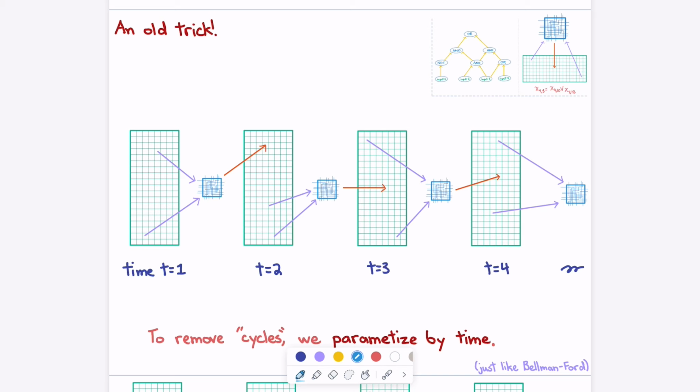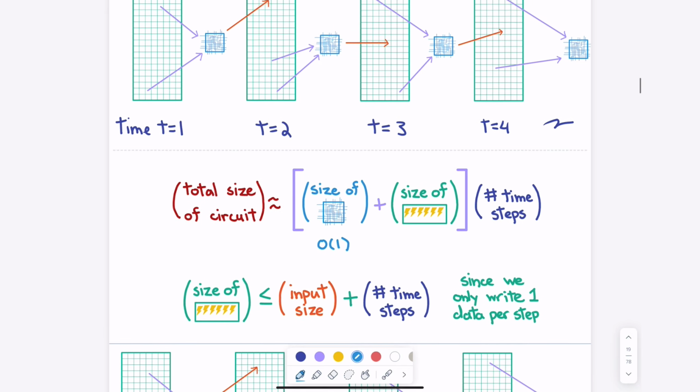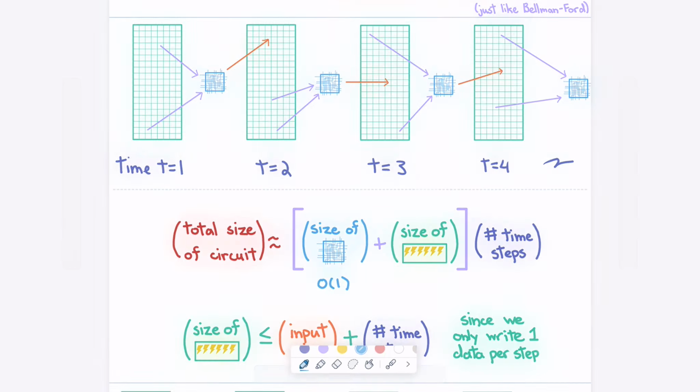So there's some kind of massive circuit going from left to right. But if you start with a polynomial time algorithm, then in fact, the total size of the circuit will still be polynomial size.